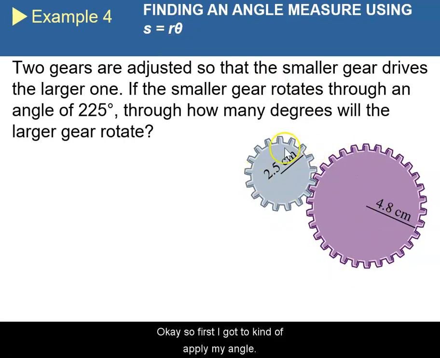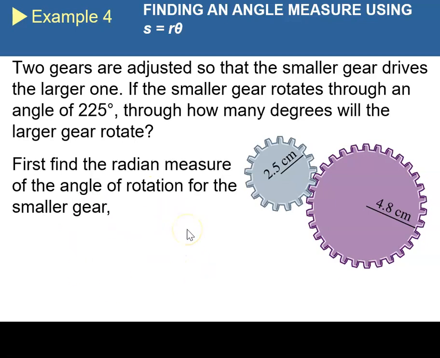Okay, so first I got to apply my arc length formula to the small gear, and then use that information to figure out what's happening to the larger gear, and then use that information to find my angle measure. So let's repeat that statement real fast.